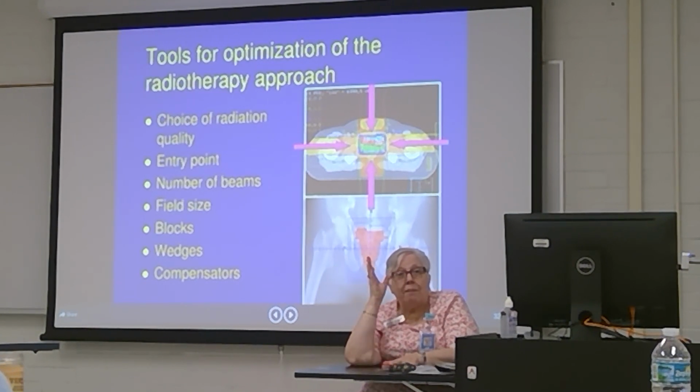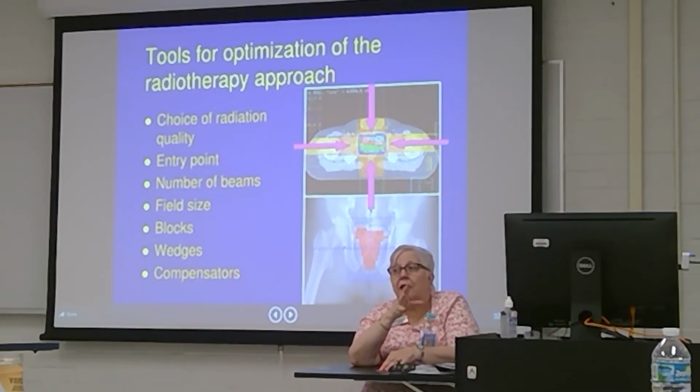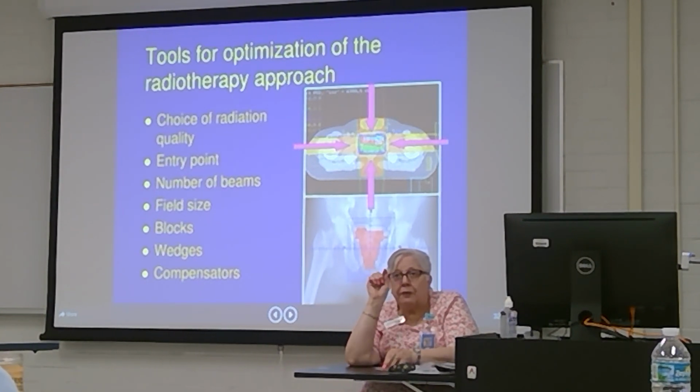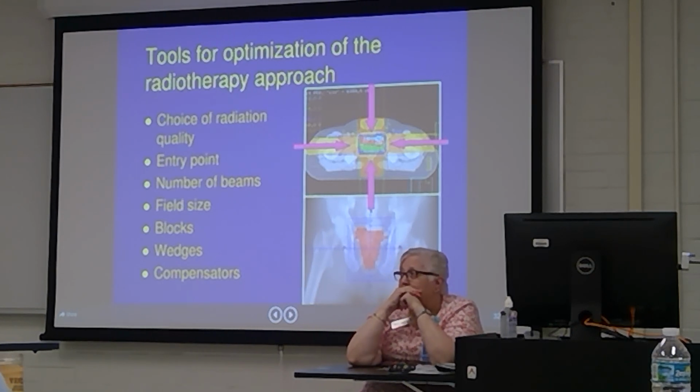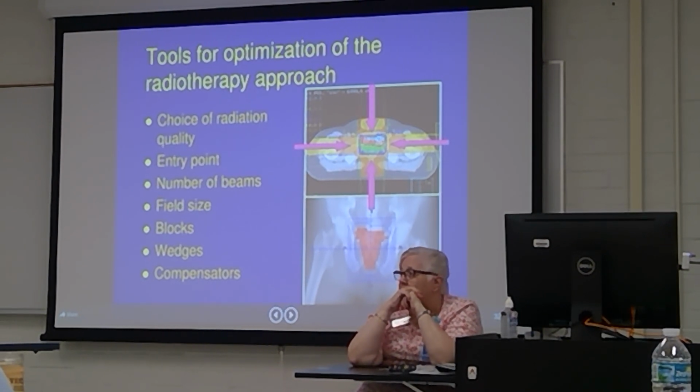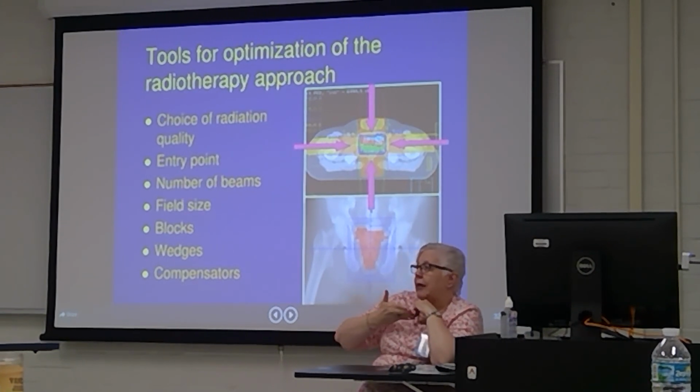How do you do a 3-point setup if you have no field light on the AP? The lasers? Which laser do you use? The sagittal laser. So how do you know if sup to inf is correct?